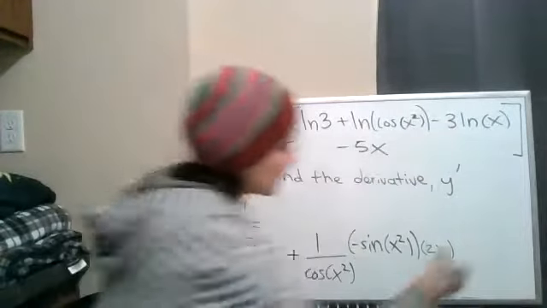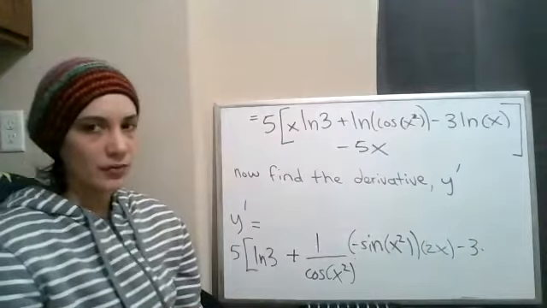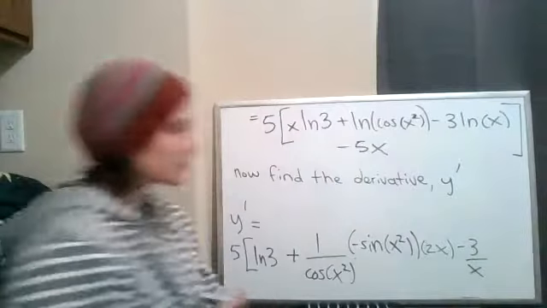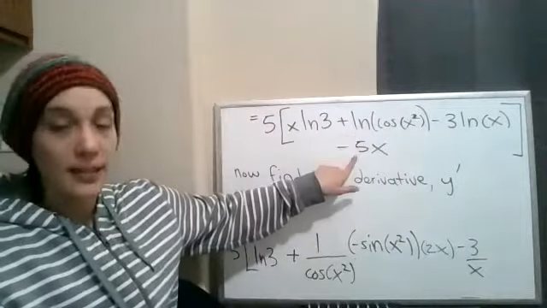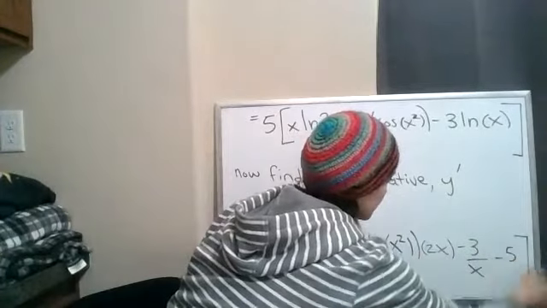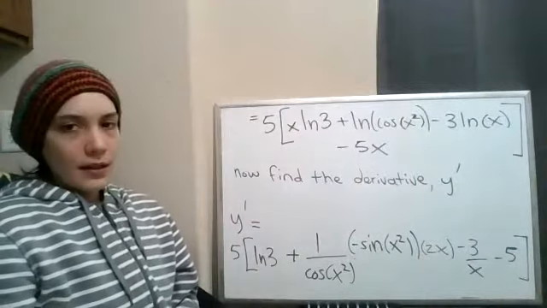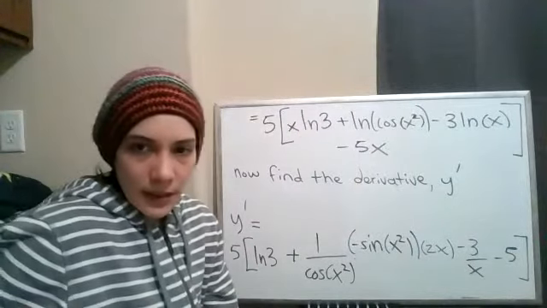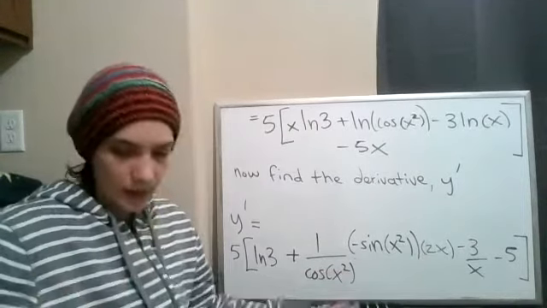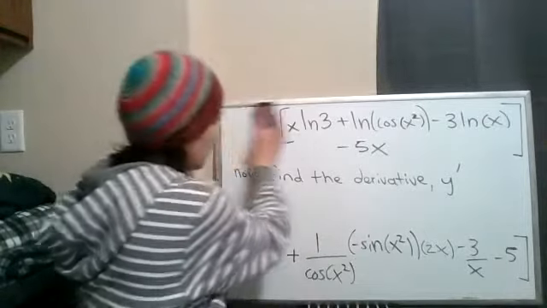Minus 3 times the derivative of ln of x, which is 1 over x. Last part, minus 5. All right. Looks good to me. I think we can simplify this a little bit. So we're going to write y prime and just at least fix this middle term.